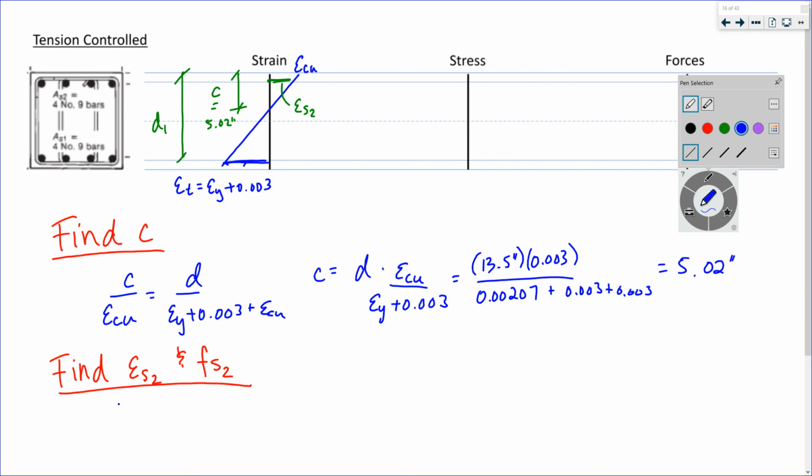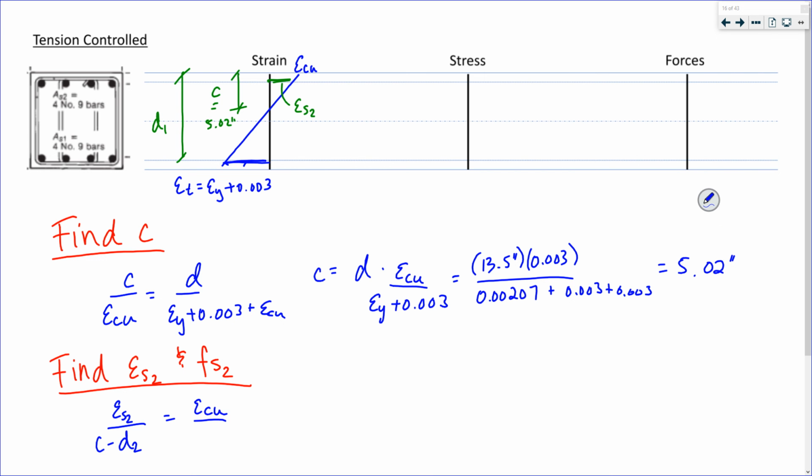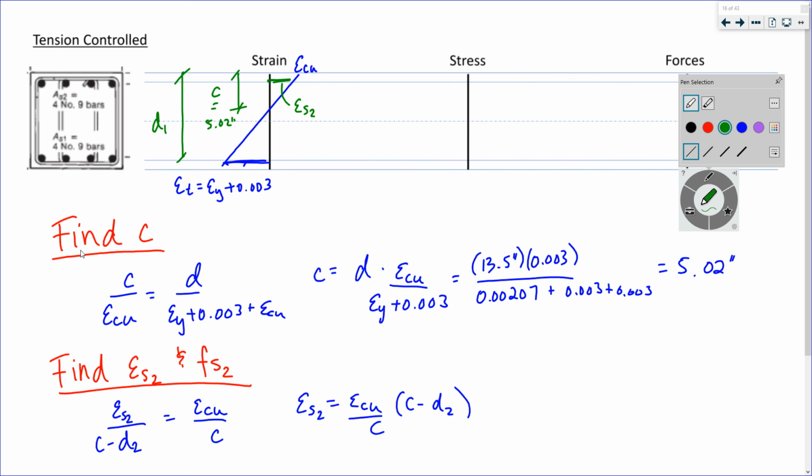ES2 is to C minus D2 as ECU is to C. This distance is D2, which is 2.5 inches.